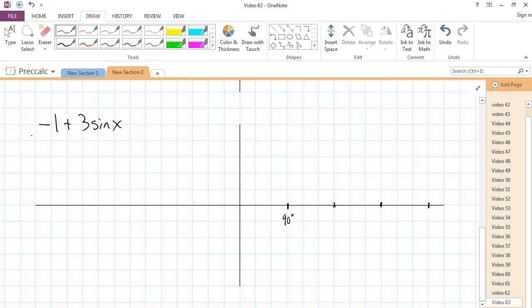I'm doing that because in all of my other graphs I use 2, and I want you to see that you can mix it up. Now my middle is right here, -1. That's my vertical shift. I can use as many blocks as I want for that, but I need to be careful because my amplitude is 3.